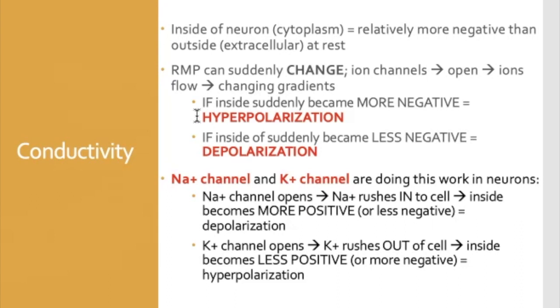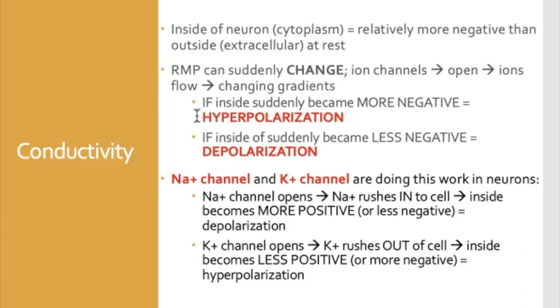So yes, resting membrane potential is determined primarily by concentrations of sodium, potassium, chloride, and proteins. But conductivity, the movement of an electrical current down the membrane of the neuron, is primarily regulated through sodium channels and potassium channels.